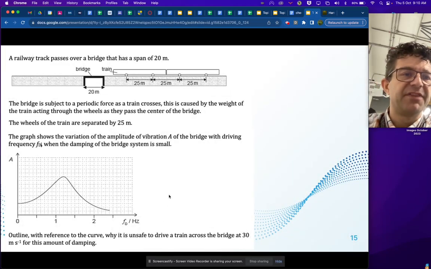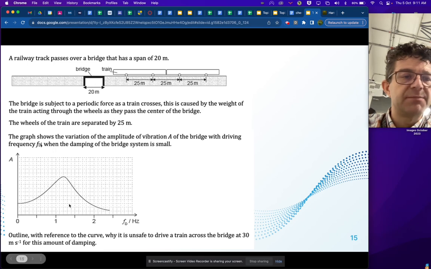A problem that we might think about here is an IB released problem. We have a train that's passing over a railway bridge with a span of 20 meters. The bridge is subject to a periodic force as the train crosses, and the wheels go across the middle of the bridge. They're spaced at 25 meters apart, and so they'll be pushing down on the middle of the bridge at a certain frequency.